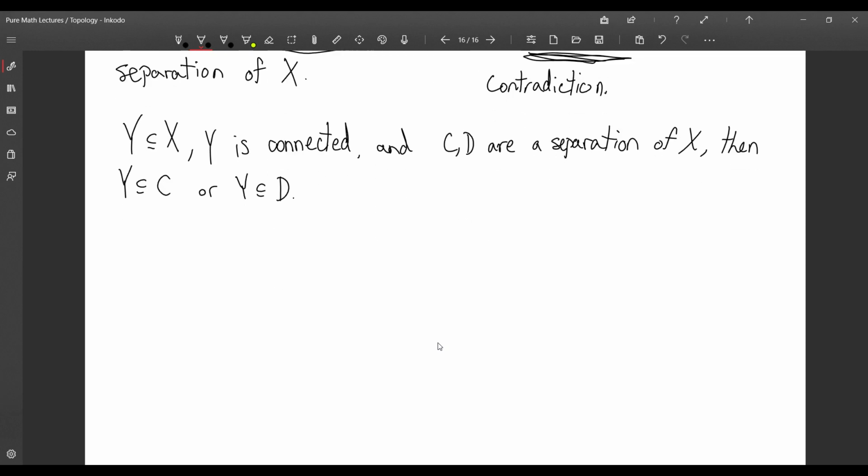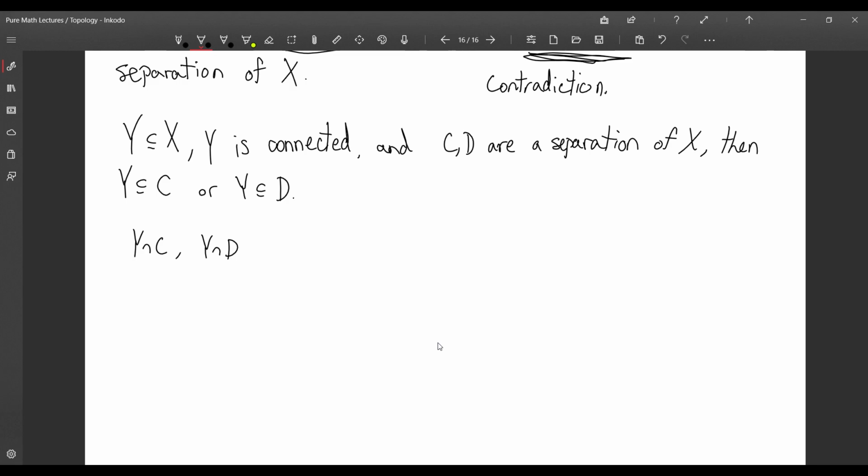So why is this true? Because essentially, if C and D separate X, then Y intersects C and Y intersects D.